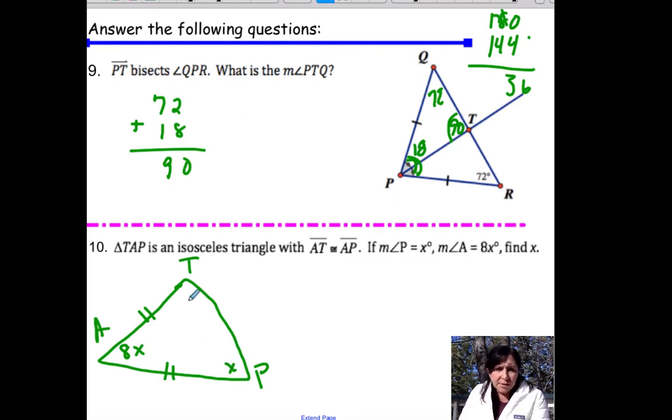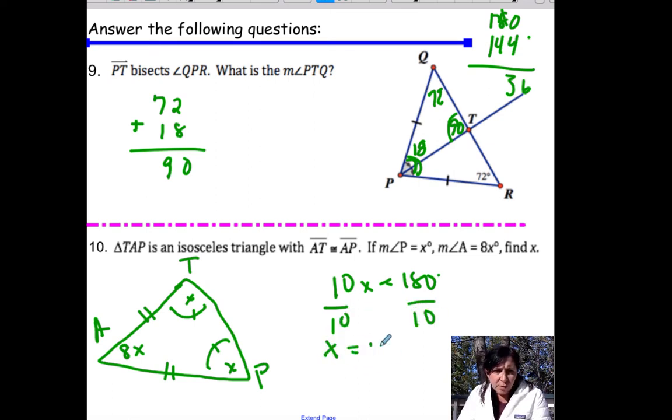Well, we know this is x, because remember, if you have two sides congruent in a triangle, it makes it isosceles, but also the base angles are congruent. So 8, 9, 10, a total of 10 x's is equal to 180 degrees. If I divide both sides by 10, I get x is equal to 18.